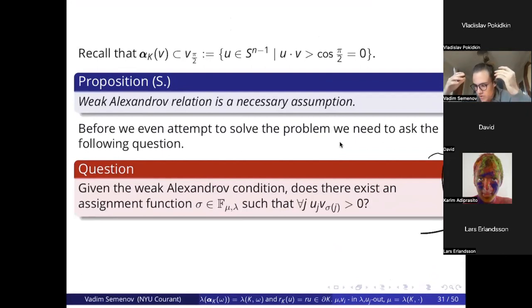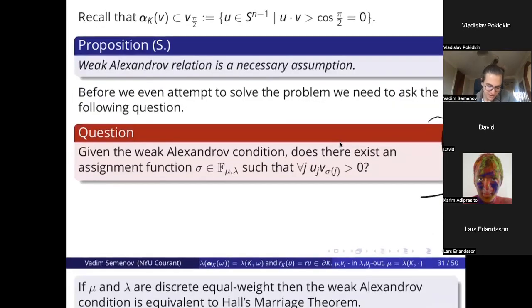We have a bunch of permutations, but there should exist at least one permutation which is good, meaning that if you draw a solution, then each vector in the normal cone is at least in the same direction, right? So does there exist a permutation which satisfies this?